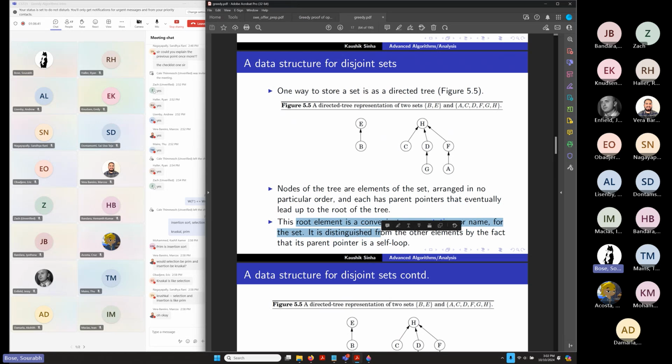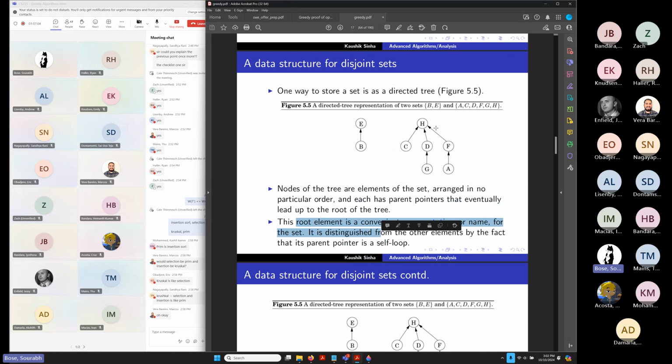You ask, what is the set of B? You say E. What is the set of G? Well, the set of G is H. What is the set of F? That's H. What is the set of A? H. C, H, D, H. So the root node is your name for the set.